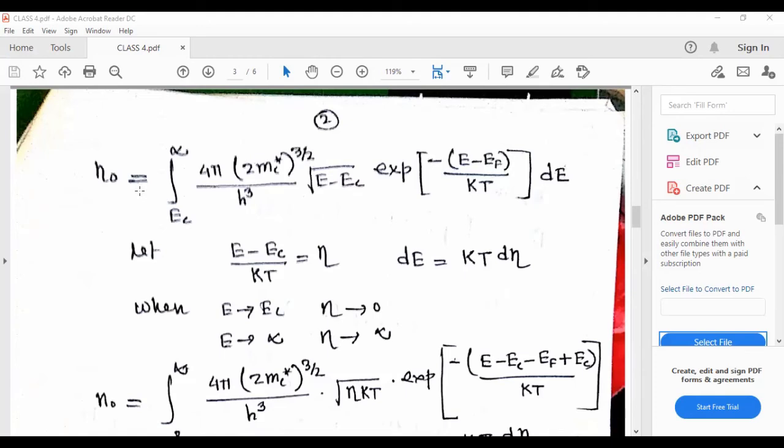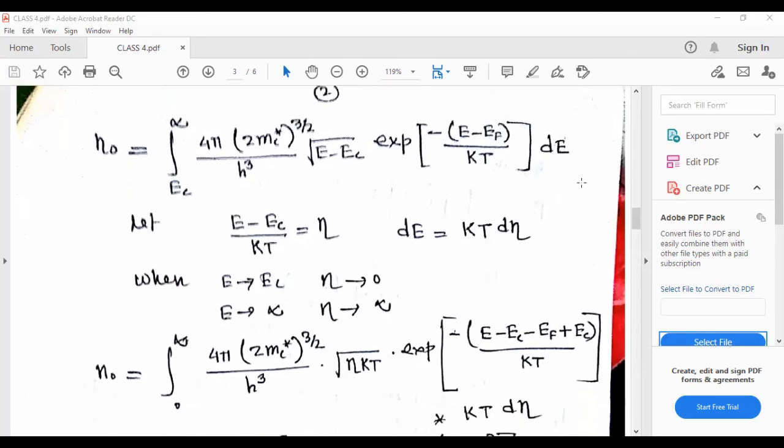Now, what about this N0? If we try to evaluate this by putting the value of Gc of E and this Maxwell-Boltzmann approximated value of the Fermi-Dirac distribution function, then we will have this equation. Now if we replace (E minus Ec) upon KT equal to eta, so dE is equal to KT d eta.